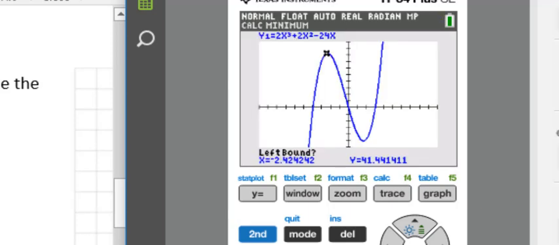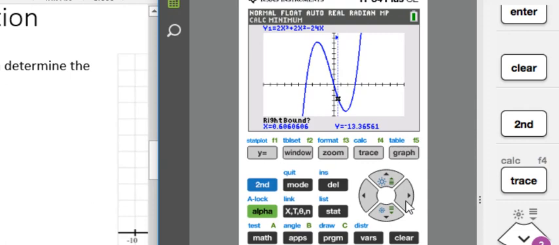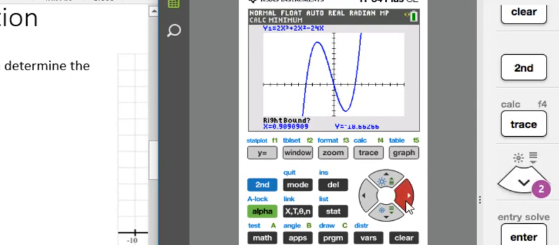And then you're going to be asked the same series of questions, left bound, right bound, and guess. So again, think about drawing a vertical line through that minimum point, and you want to be on the left side of it. So I'm on the left side of it. I'm going to press enter. And now to the right side of it, I've got to go through the point and over to the other side. Press enter.